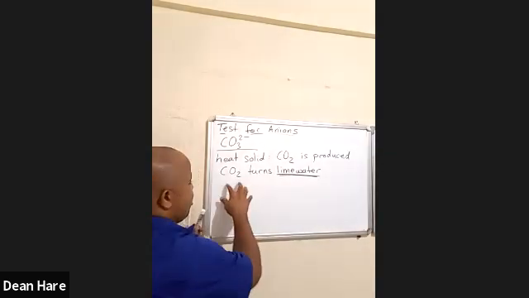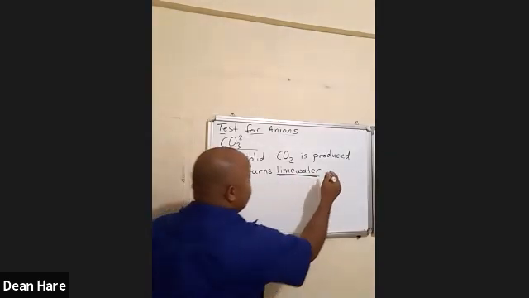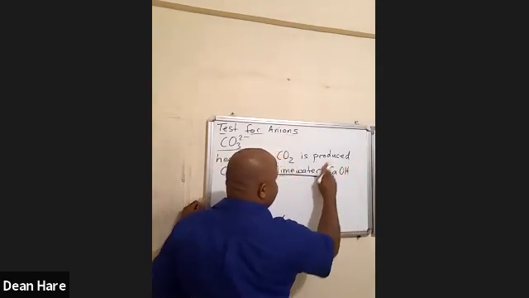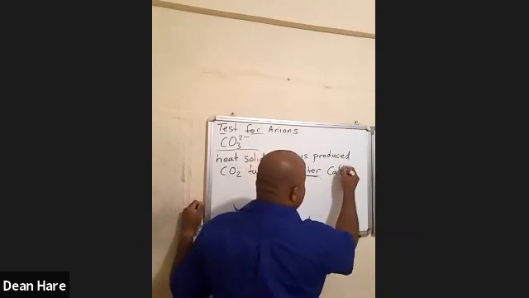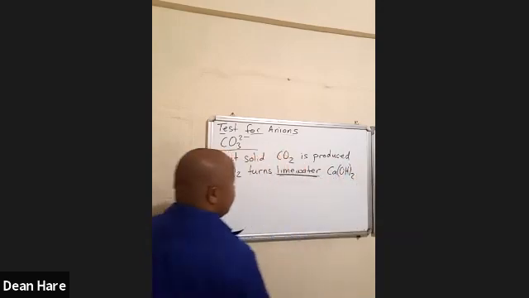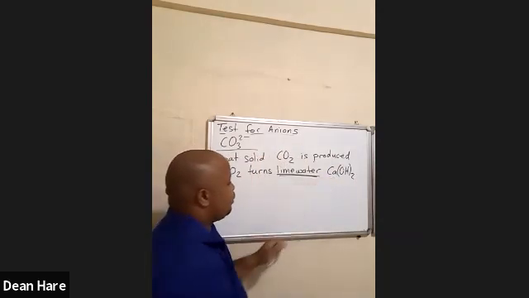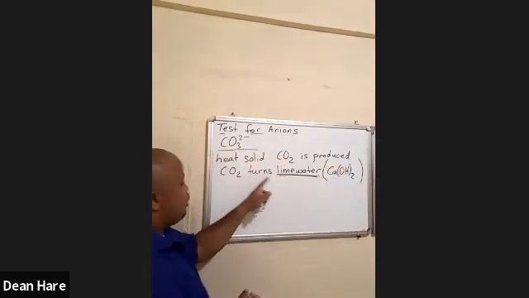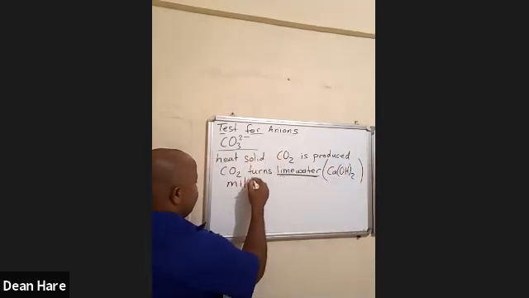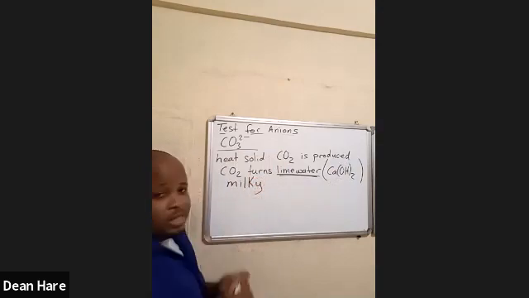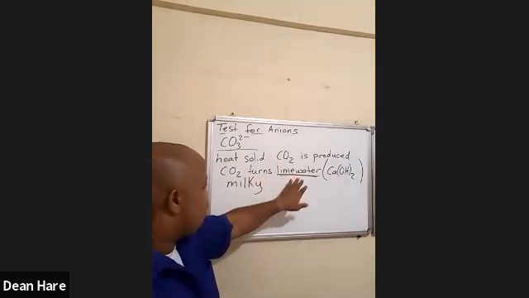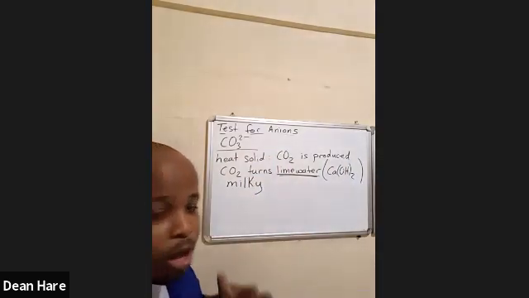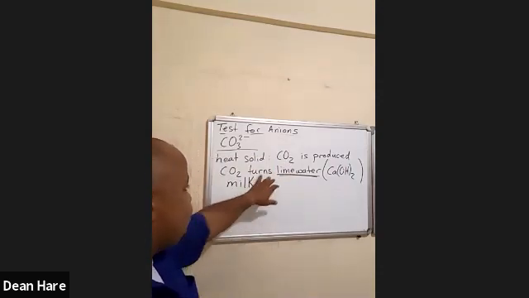Carbon dioxide will turn lime water, which is calcium hydroxide, Ca(OH)2, milky. So once you see this observation, turns lime water milky, we are testing for carbon dioxide. We are confirming that carbon dioxide is present.